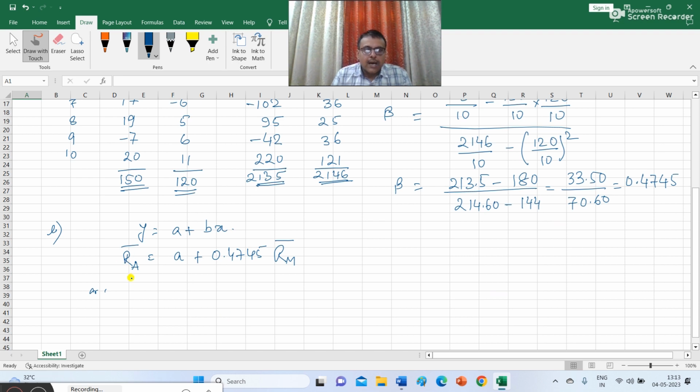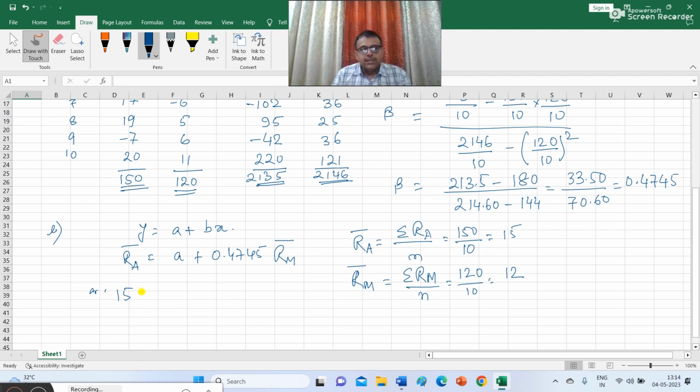RA bar is summation RA by N, that is 150 by 10, which is 15, and RM bar is summation RM by N, that is 120 by 10, which is 12.